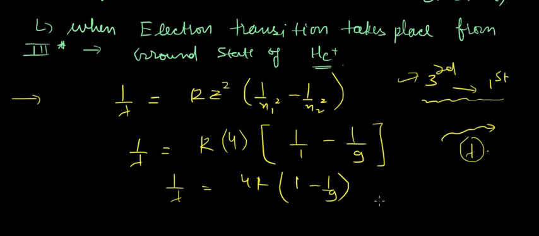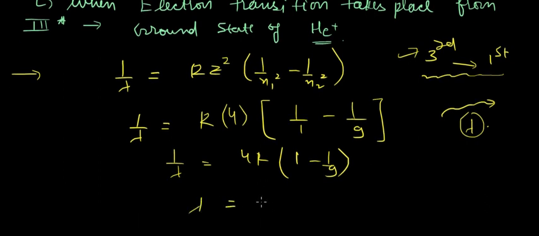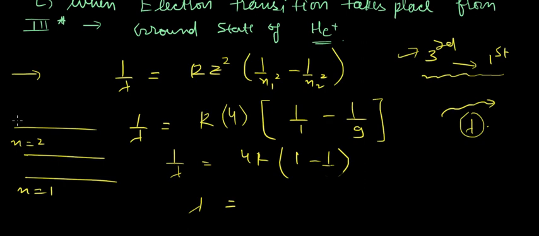So third excited state is n equals 4. Ground state is n equals 1, first excited state is n equals 2, second excited state is n equals 3, and third excited state is n equals 4.